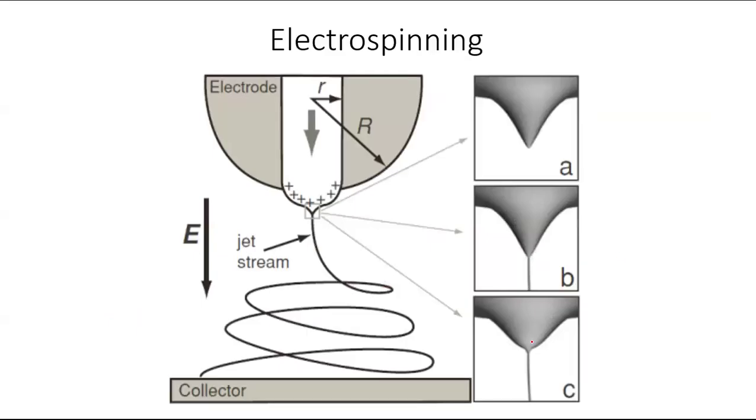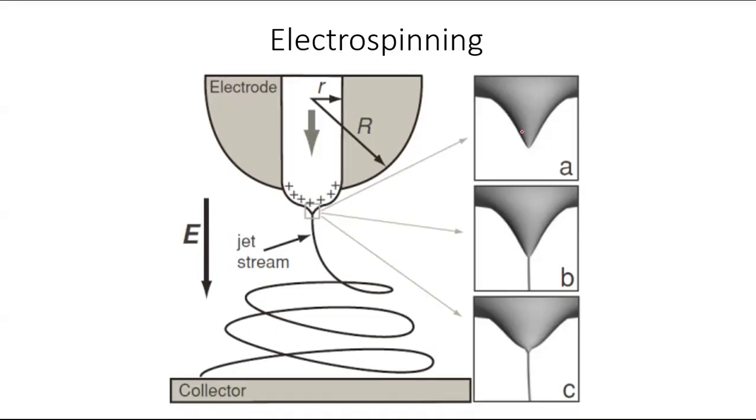Okay, so here I have shown you a few stages of electrospinning, which we call the jet formation or the electrospinning stages. If you take this as the electric field, at stage A you will see that, held by surface tension, there is a drop of the polymer liquid solution.